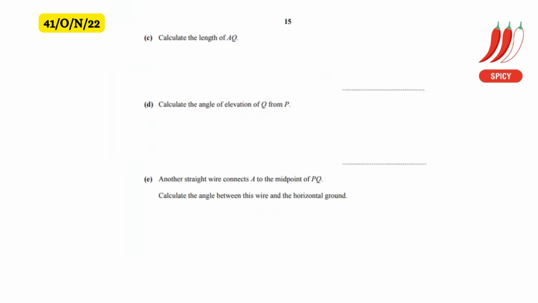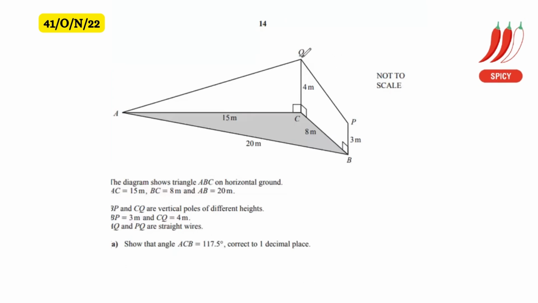Then it says calculate the angle of elevation of Q from P. So that's basically, if we connect this over here, we have this right angle triangle. If this is 3, this is 3, and this is 1. And this is 8, because this length is the same. So we have the opposite, we have the adjacent.